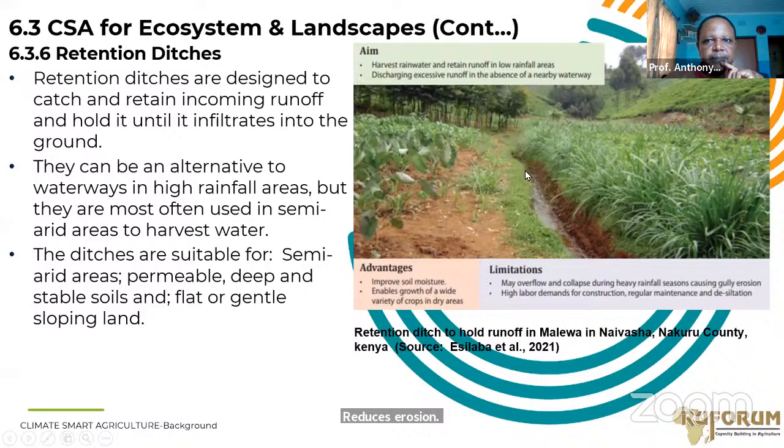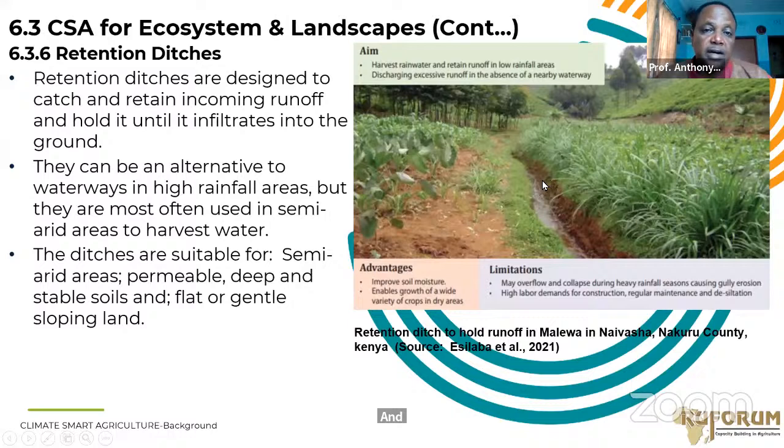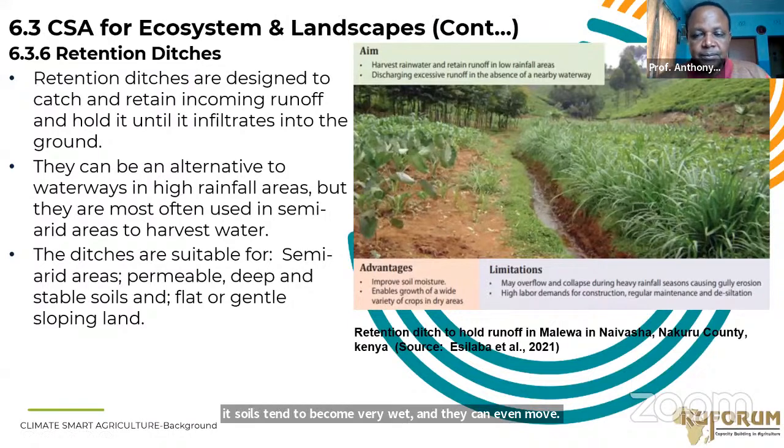Ditches. I think I remember in my youth, I did this work because I come from a place with high rainfall, and the soils tend to become very, very wet, and they can even move. We have mudslides.